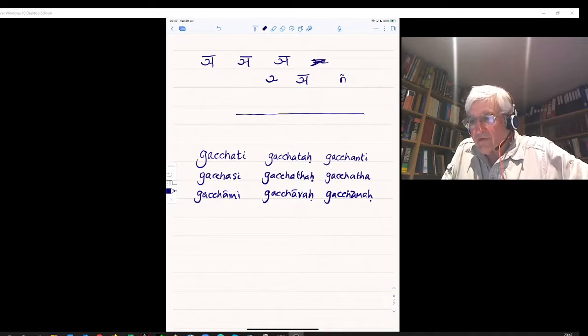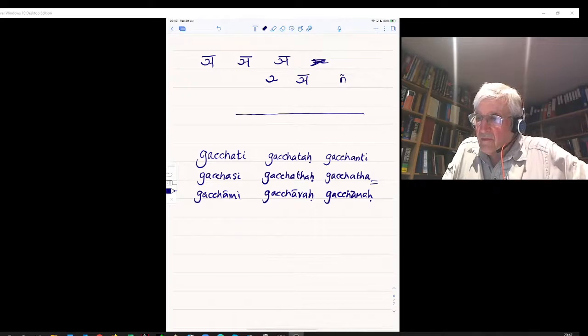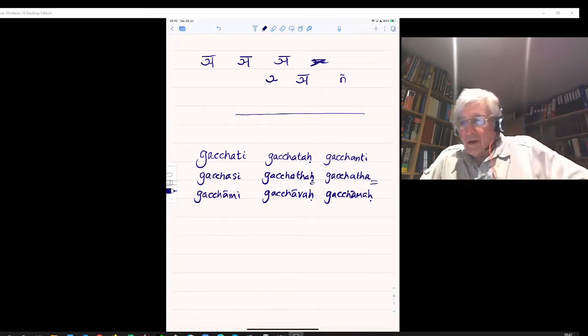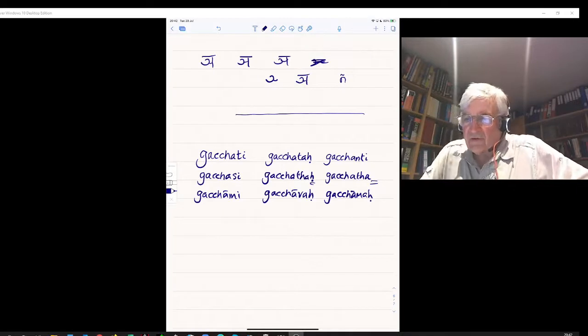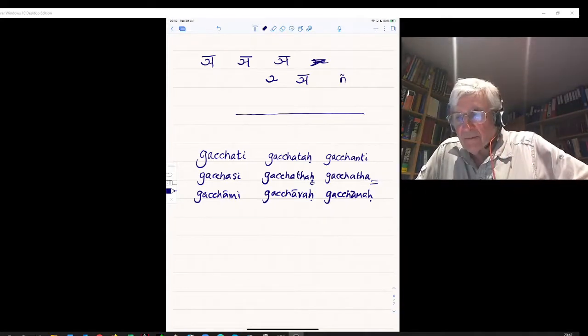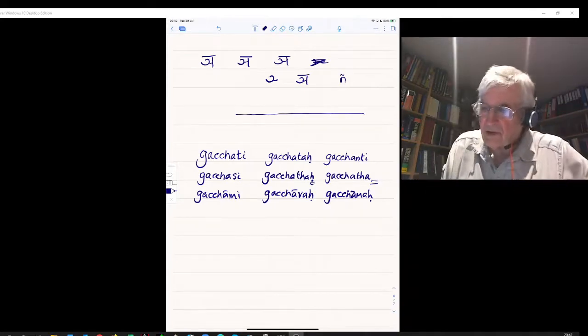The only difference from that to the plural is that in the plural, it ends just in a pure vowel, gacchata, as opposed to gacchatha. That's the difference there. Now, spot the difference between the dual, what we call the third person dual, that's they two, which is gacchataha.